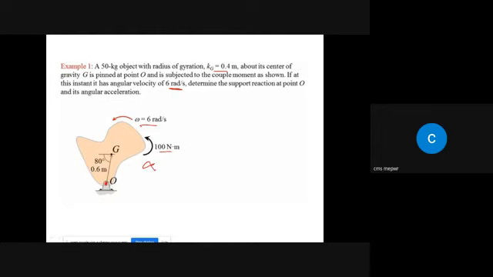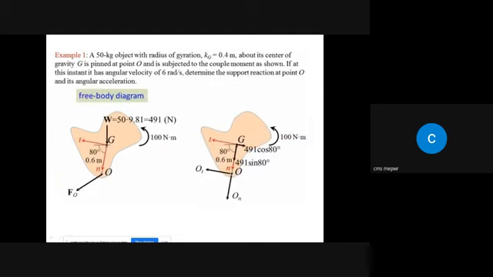Okay, so now let's draw the free body diagram. For the free body diagram, weight will be acting downward, and definitely it will be at point G, and we remove the support. When we remove the support, we have to show the reaction force which we had due to that support. Since we are having rotation only, translation is not possible because we are having a pin joint.